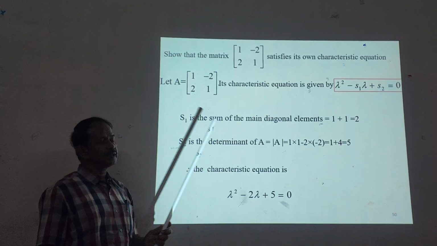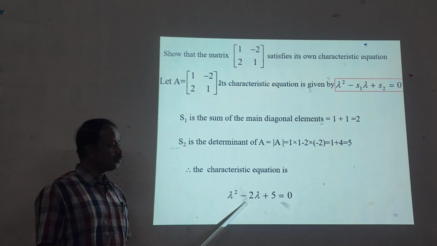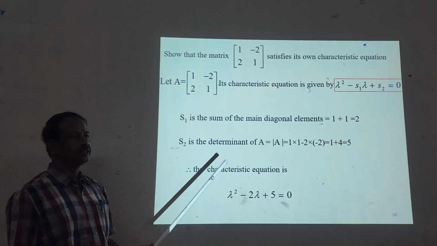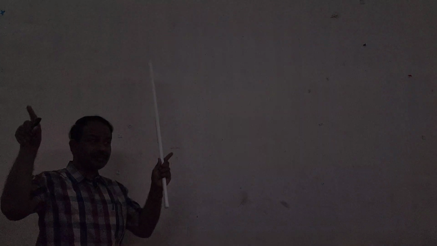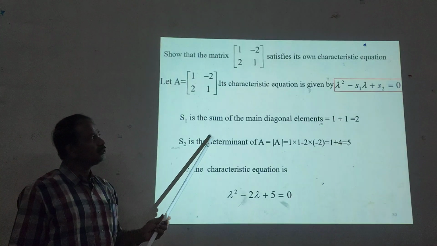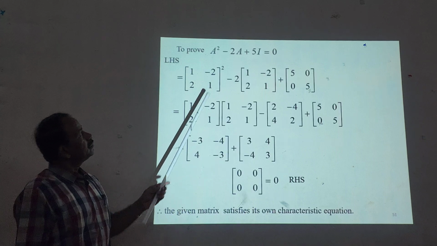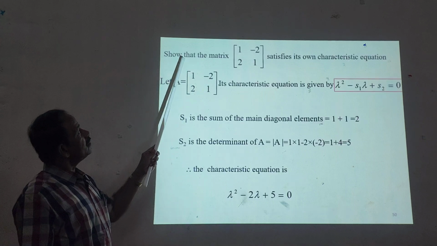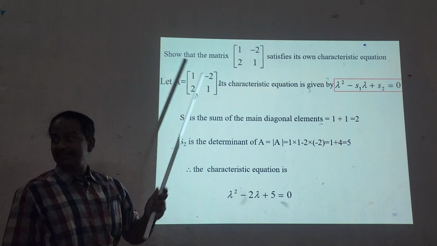So substituting the values of S1 and S2, we have lambda squared minus 2 lambda plus 5, which is equal to 0. So this is the characteristic equation. Instead of going for det of A minus lambda I equal to 0, we can go using this formula. Okay, it's very simple. Now to prove, see here, show that this matrix satisfies its own characteristic equation.